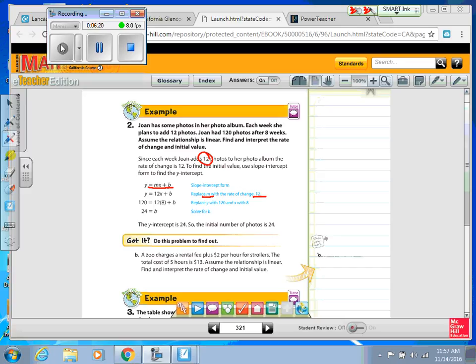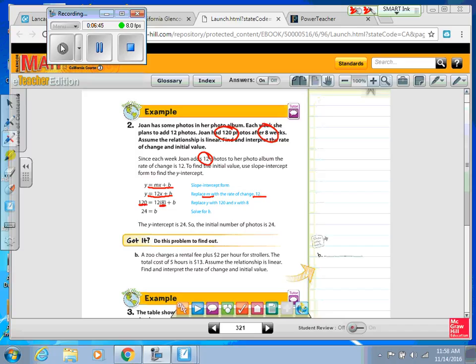So we have our y equals 12x plus b, but we don't know what the initial value is. So in order to find that, they give us two numbers. They said that she had 120 photos after 8 weeks. So for 8 weeks, she got 120 photos.